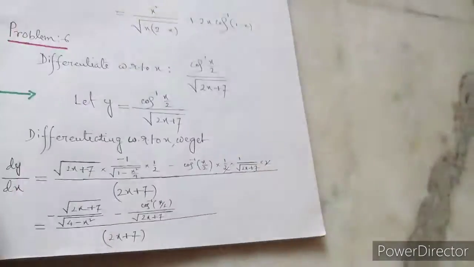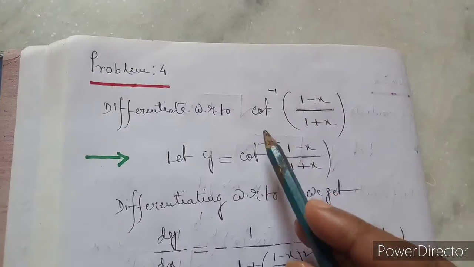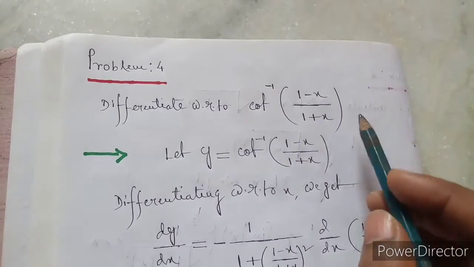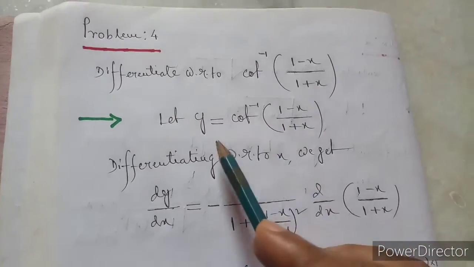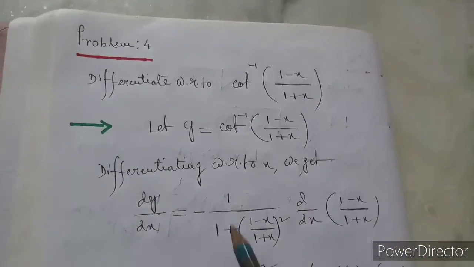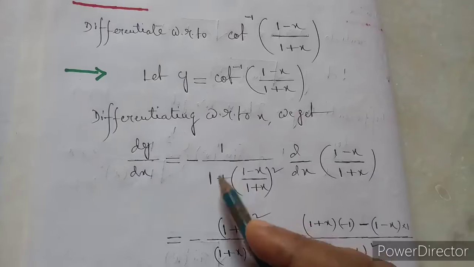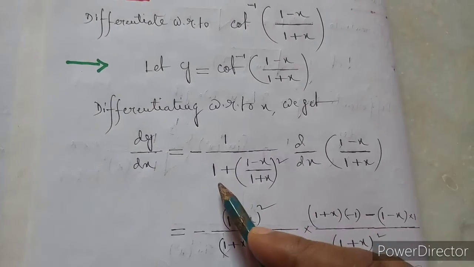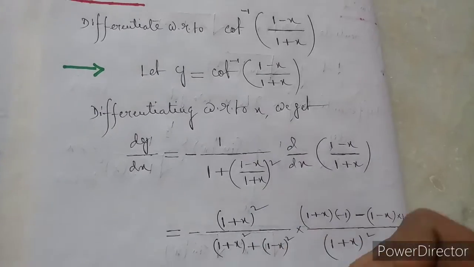Now problem number 4. Differentiate with respect to x cot inverse (1 minus x) by (1 plus x). So for that, let y equal to cot inverse (1 minus x) by (1 plus x). Now differentiating with respect to x, we get dy/dx equals minus of 1 by 1 plus this one whole square, that means (1 minus x by 1 plus x) whole square.